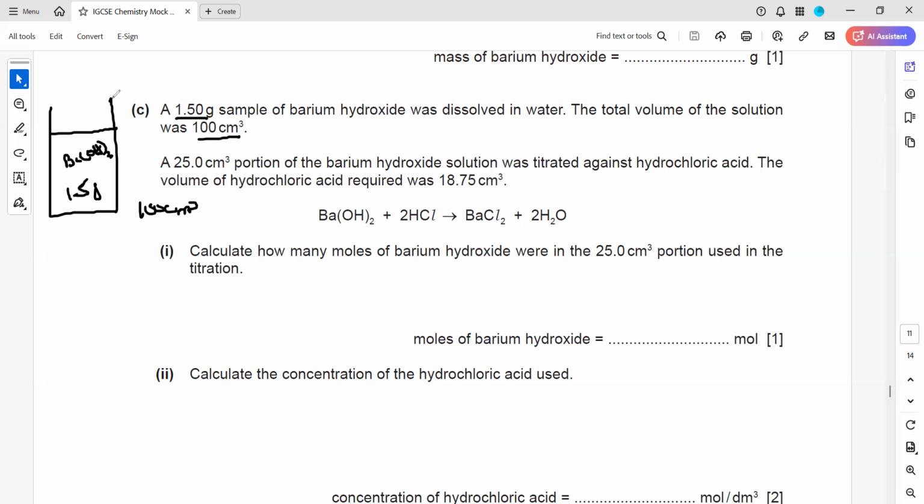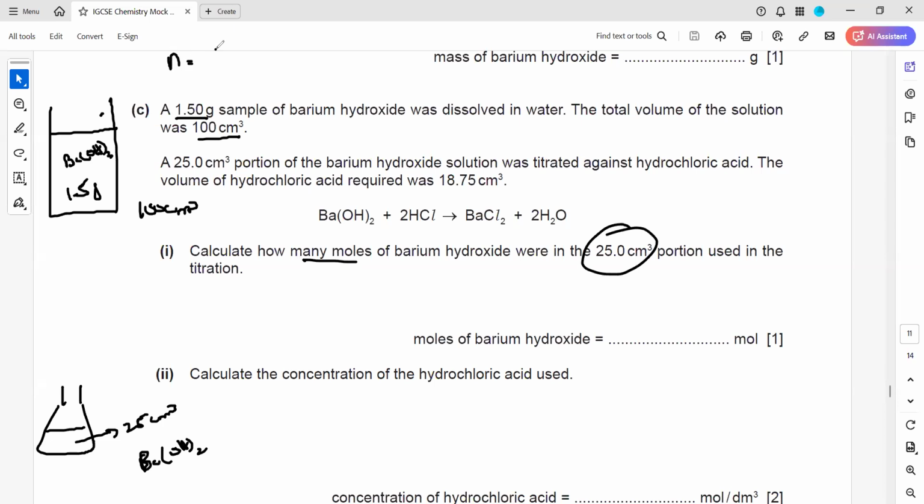From this 100 cm cube, for the reaction, we took only 25 cm cube, which is reacted with hydrochloric acid. So the question is, how many moles are there in 25? First, I'll find the moles in 1.5. Moles equal mass in gram divided by molar mass. When we divide, we got 8.77 exponent minus 3.